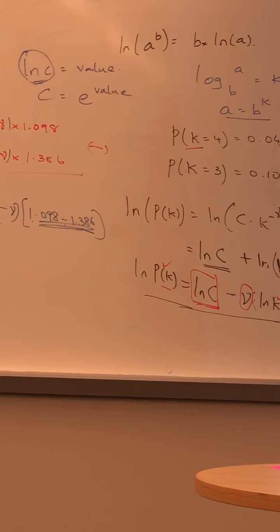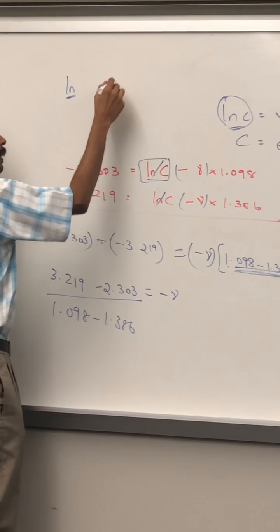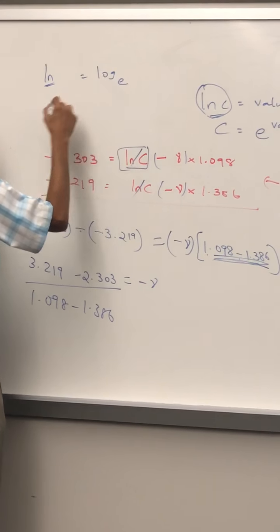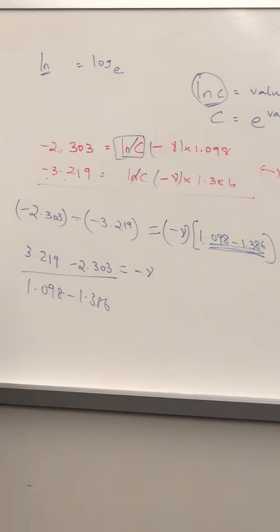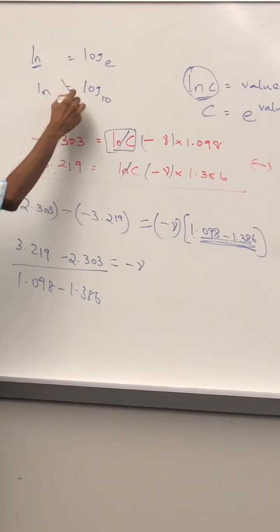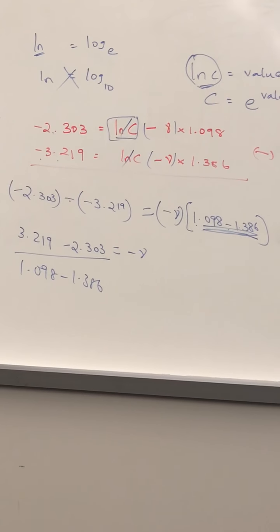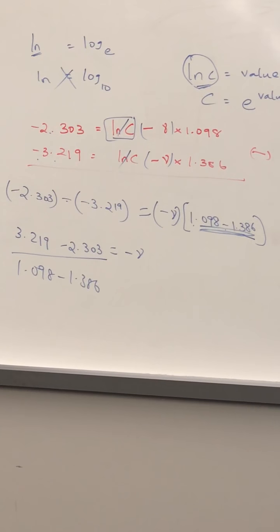So you know the difference in notation. If I say ln means natural logarithm, so that is equivalent to writing log to the base E. We don't write log to the base 10 as ln. If you want to write the base 10 or any base, you write it like log to the base 10.